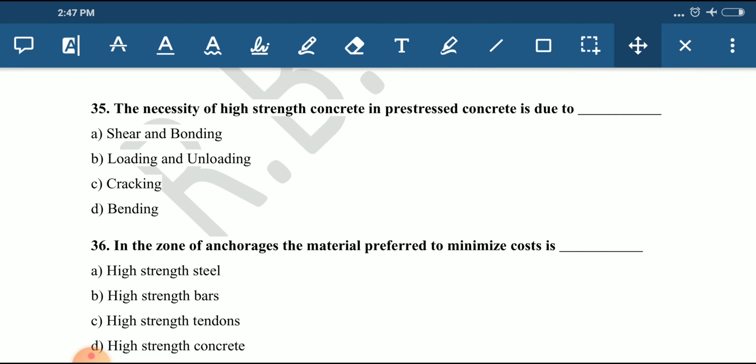Next, the necessity of high strength concrete in pre-stressed concrete is due to shear and bonding, loading and unloading, or cracking and bending. Usually shear and bonding.